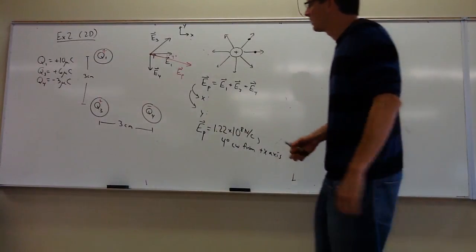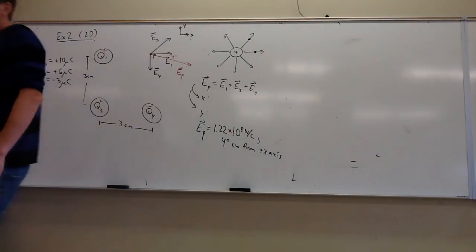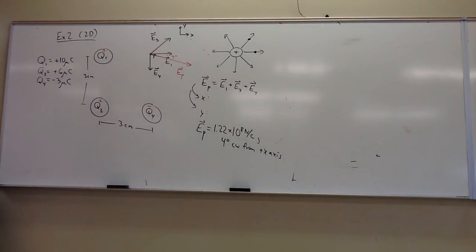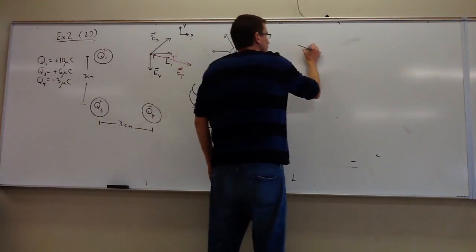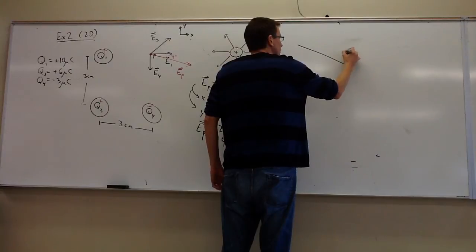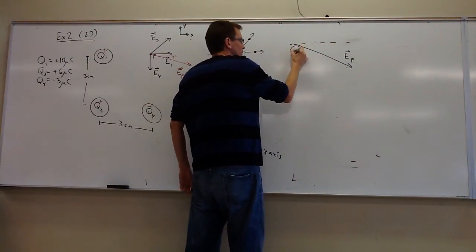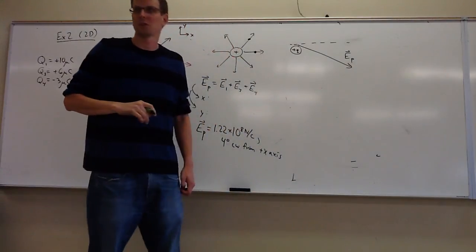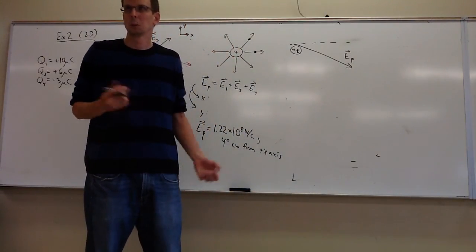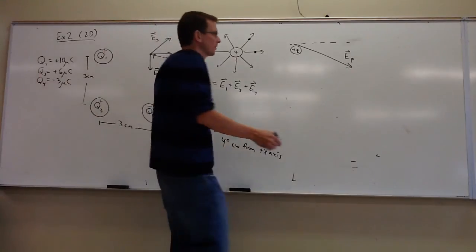So that's the idea. And once you know the electric field at point P, now you know everything you need to know about what neighborhood it lives in, you can start swapping out charges, right? So now that you know the electric field at point P looks like this, you can stick in a positive Q. Which way is that going to feel a force? With it, right?